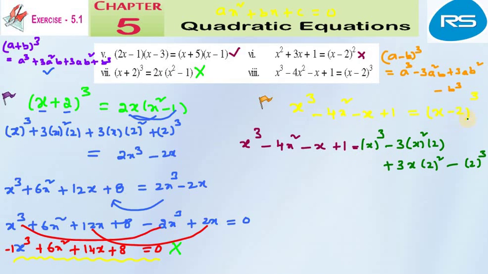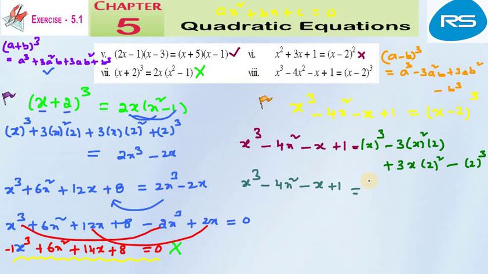So I apply the formula of (a minus b) whole cube. Now I will go for further simplification. The left side is x cube minus 4x square minus x plus 1.